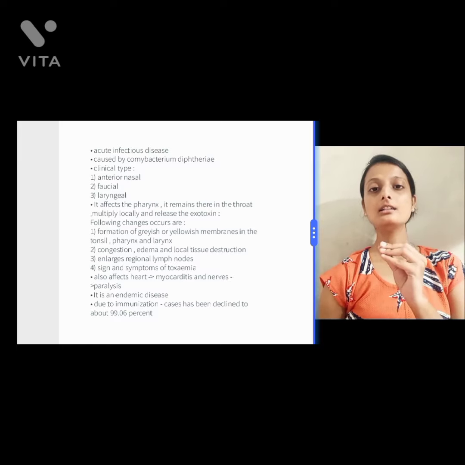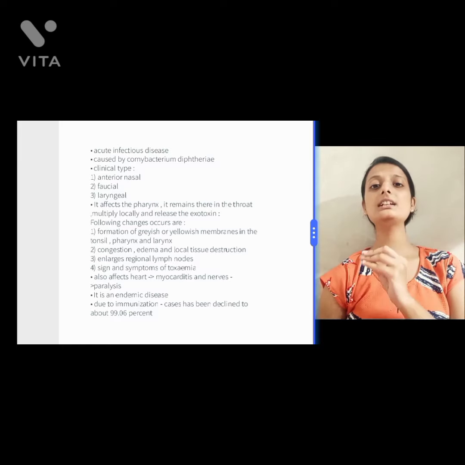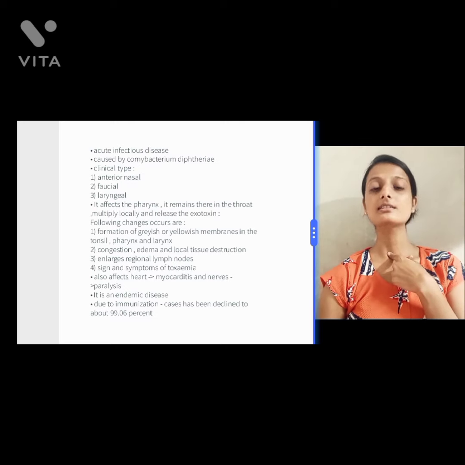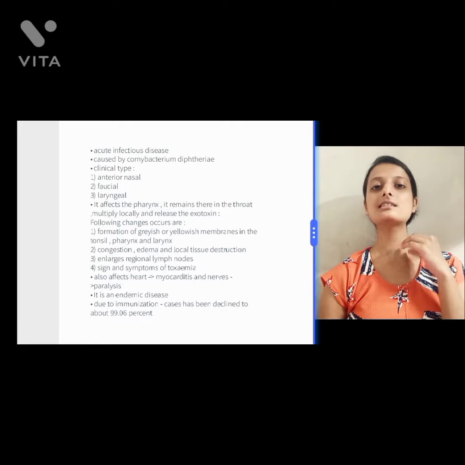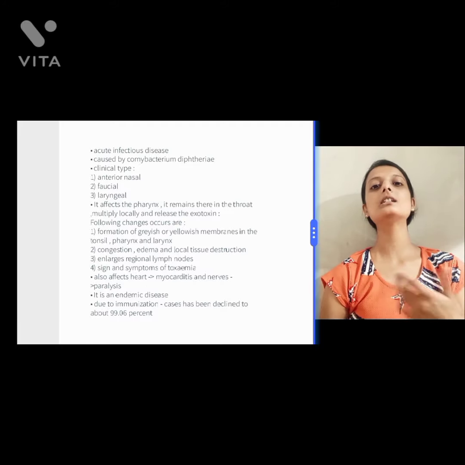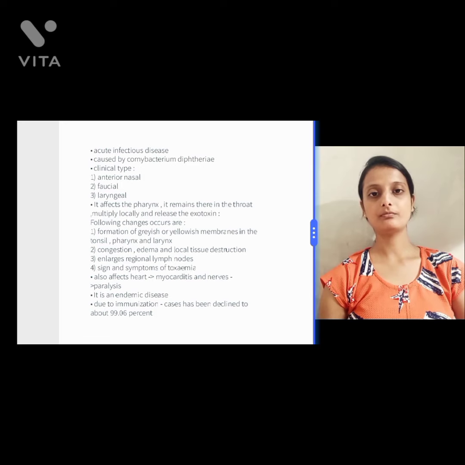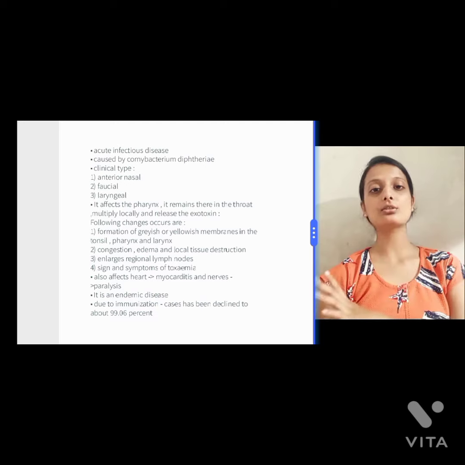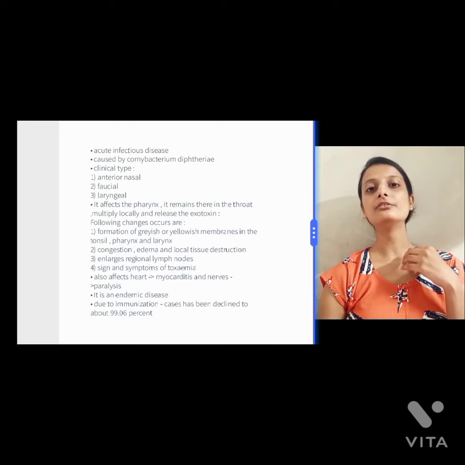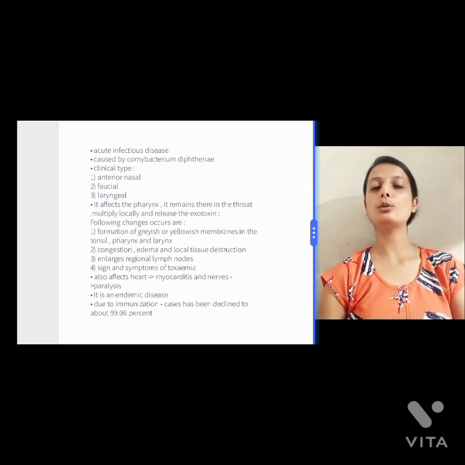This bacteria specifically affects the pharynx, that is the throat. It goes into the throat, stays there, and multiplies over that area. Over time it releases an exotoxin, and this release of the exotoxin causes certain changes in our body. There are four changes.